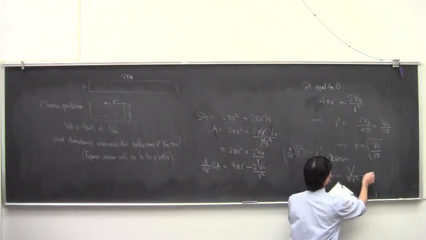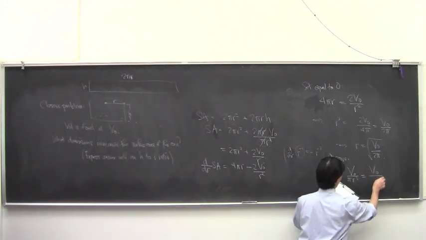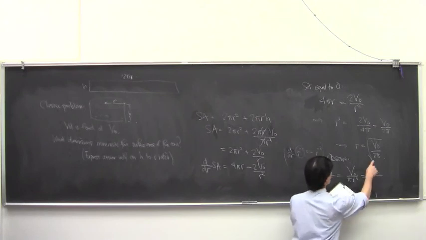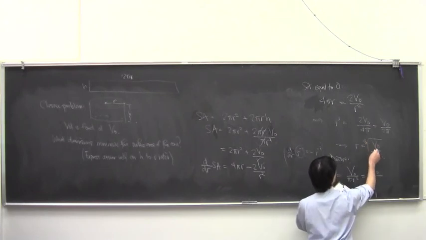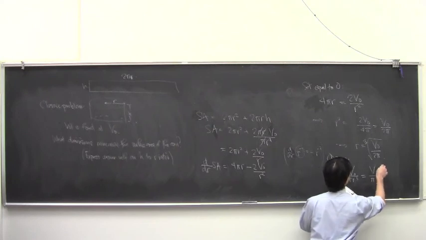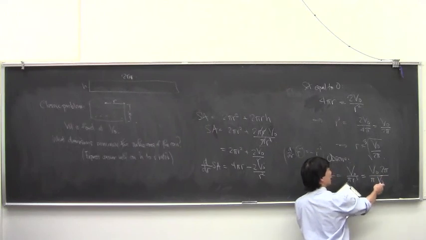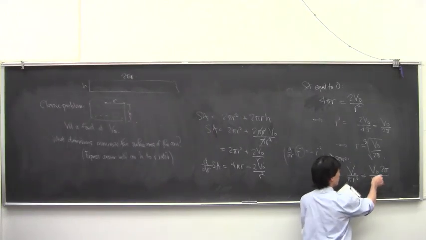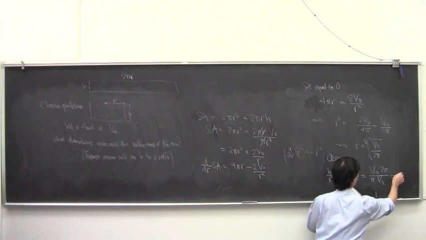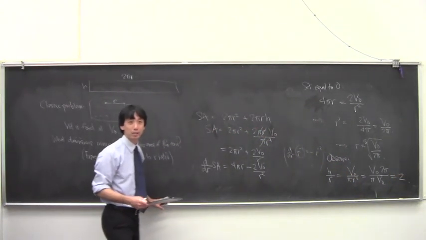Now if we plug this in, we get v naught over this thing cubed, right? Which is going to give us v naught dividing by v naught over 2 pi, right? And so what happens is you get 2.